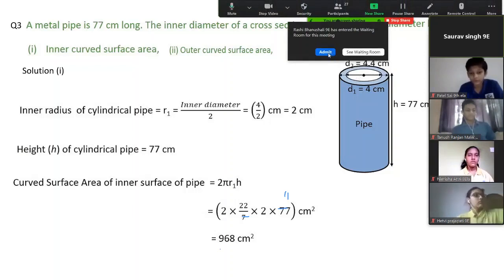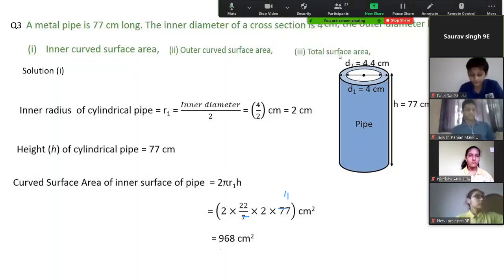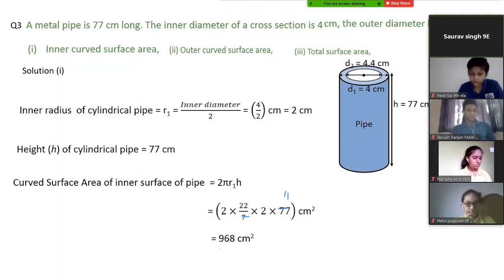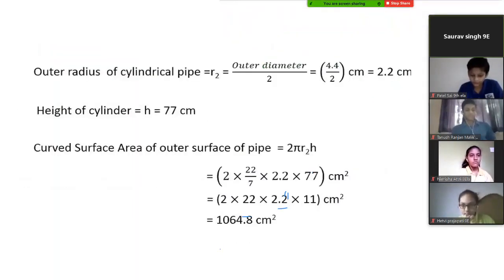So what will be its radius? You can turn on your mic and work it out with me. So here we have the outer radius of the cylindrical pipe R2, which is equal to 2.2 centimeter. Now the height of the cylinder remains the same, that is 77 centimeter.